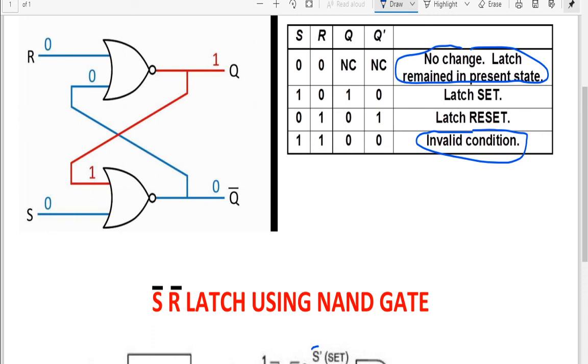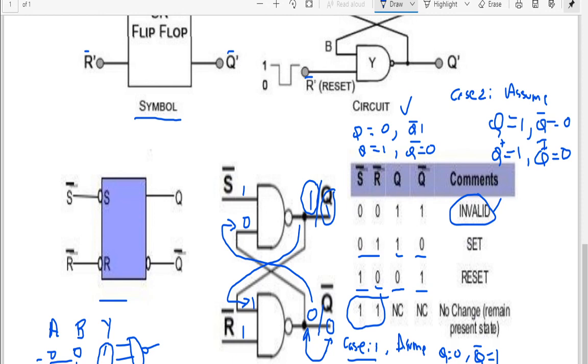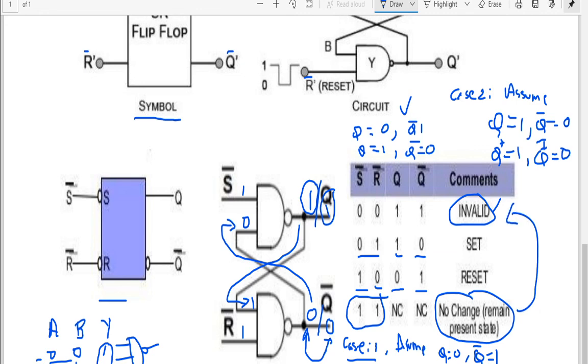And when in NOR gate both inputs S and R are 1 1, in the NAND gate it is in the present state. So exactly the reverse of what you find in your NOR gate implementation of the SR latch.